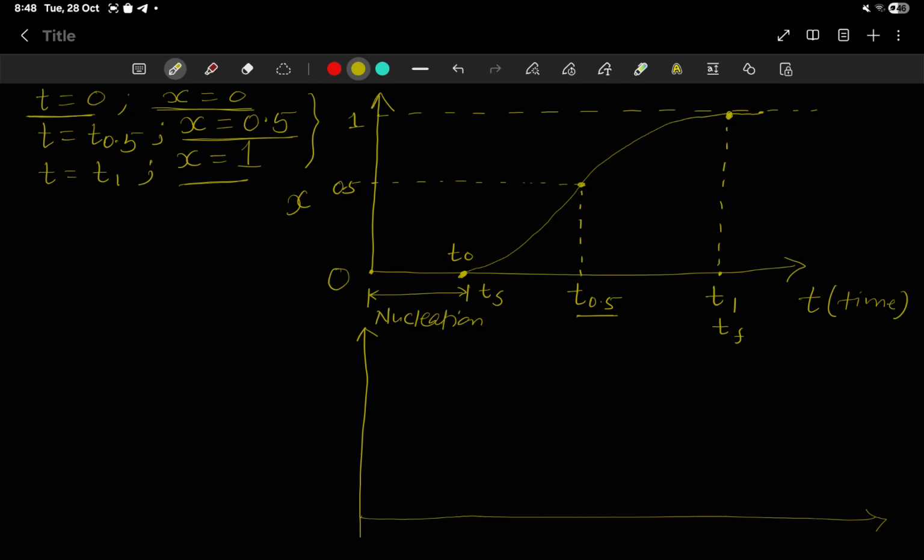Okay, and one important point: this curve that we obtain, this line is at a particular temperature, right? And at point t0, transformation begins.